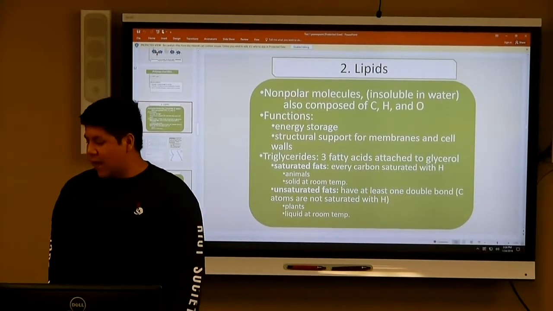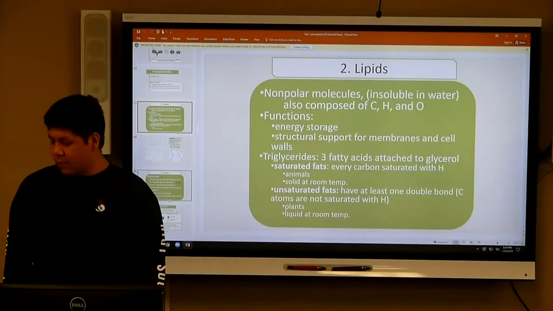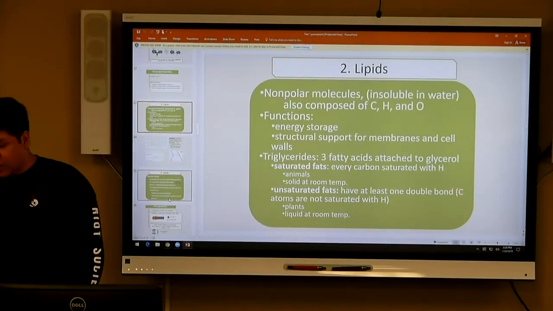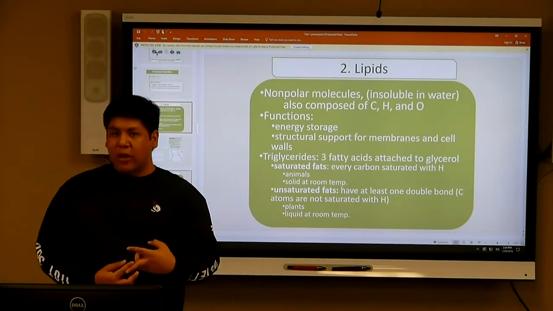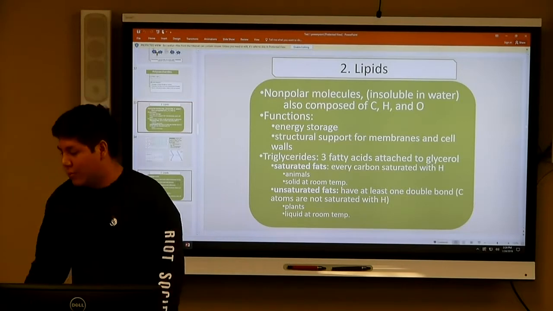Unsaturated fats have at least one double bond, so C atoms are not saturated with H. They come from plants and are liquid at room temperature, like vegetable oil.